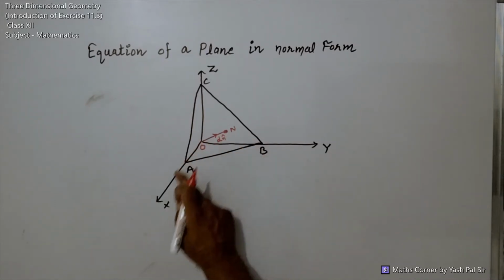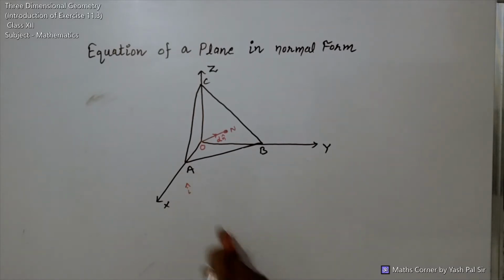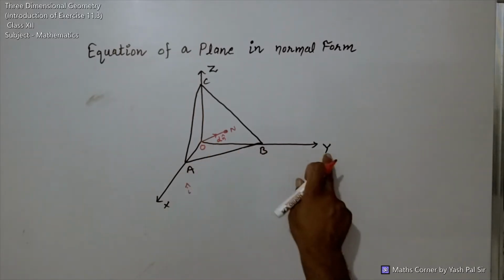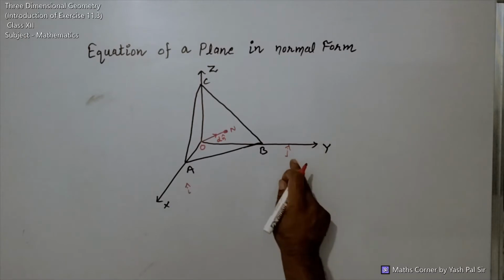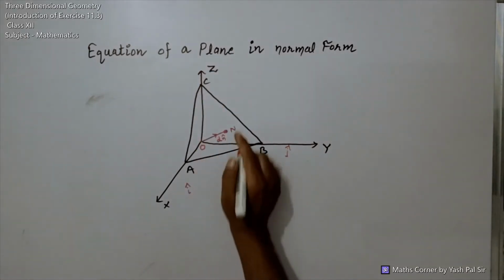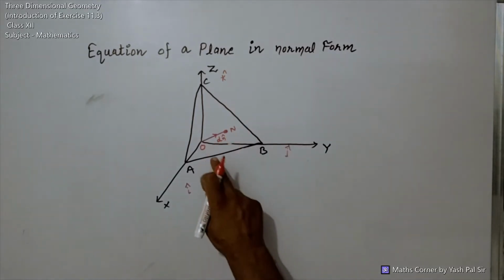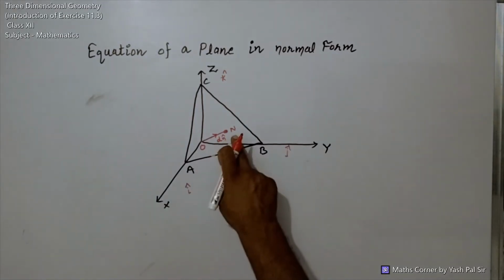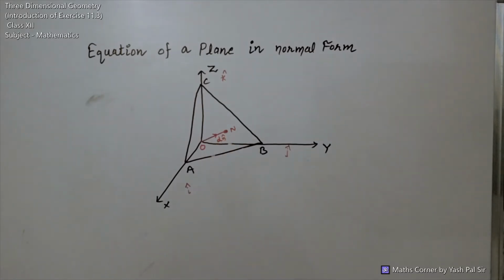For example, in the direction of x axis we write unit in the form of i cap. In the direction of y axis we write j cap. In the z axis direction we write k cap. So here we suppose in the direction of the normal, the distance ON is d unit distance, right?